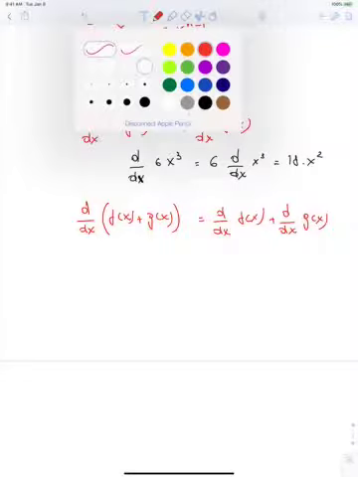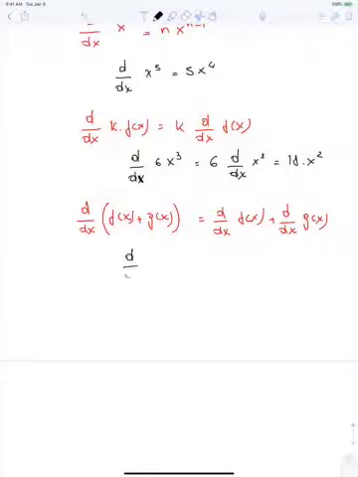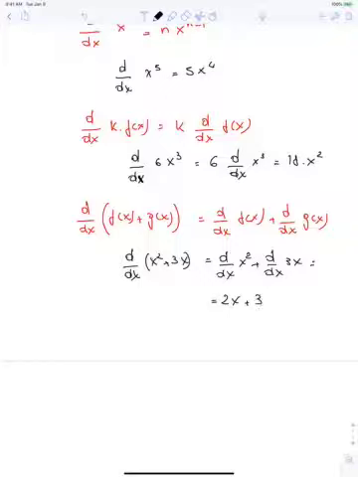So again, if we go back to our polynomials, the derivative of x squared plus 3x is equal to the derivative of x squared plus the derivative of 3x, which is equal to 2x plus 3.